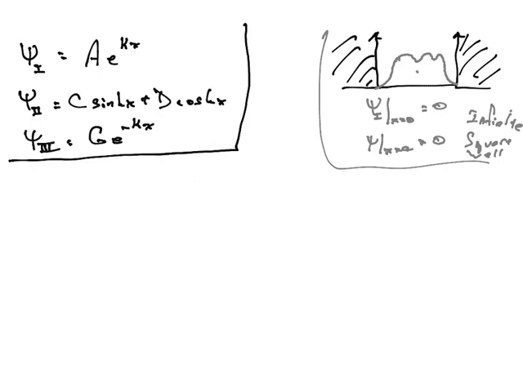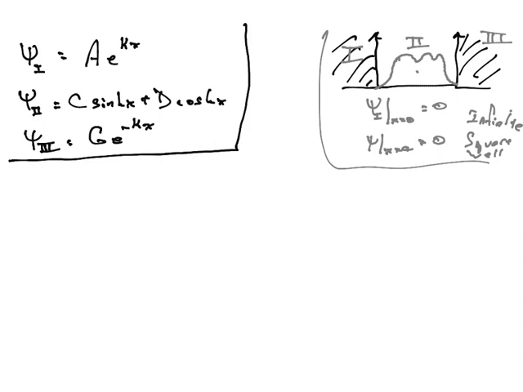The reason these are the same thing is because I didn't tell you, but we still have 3 wave functions. Wave function in region 1, region 2, and region 3. It's just that the wave function in region 1 is 0. You're not in that wall. And the wave function in region 3 is 0. You're not in that wall either.